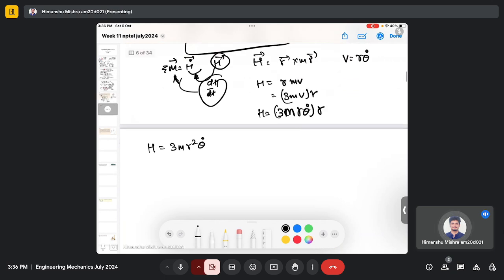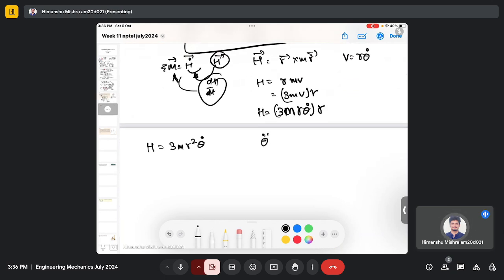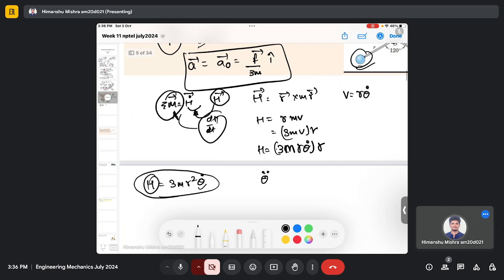Now how to define the angular acceleration? Angular acceleration is theta double dot. If I take the derivative of this, I will get the rate of change of angular momentum with respect to time, and here I will get theta double dot. This quantity is equal to the summation of moments, because the rate of change of angular momentum equals the summation of moments.